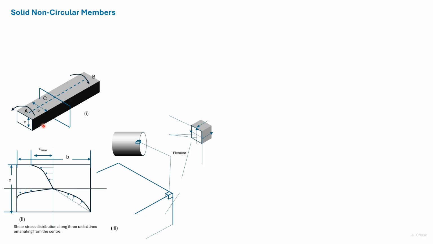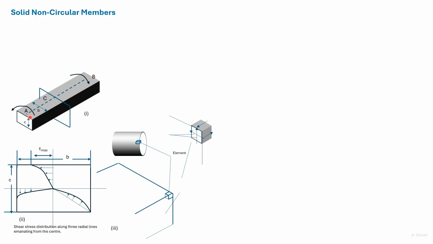Here we have a rectangular section on which torque is applied. If we take a cross section as shown, then the maximum stress that occurs on the section will be at the midpoint of the larger side.